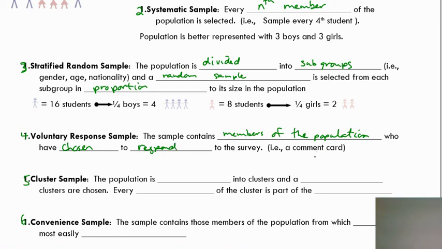In other words, they can fill out a comment card, or when you go to a store and you have a little survey at the bottom of your receipt, some people fill those out because there's a chance to win something, or they really do care about commenting on the business.